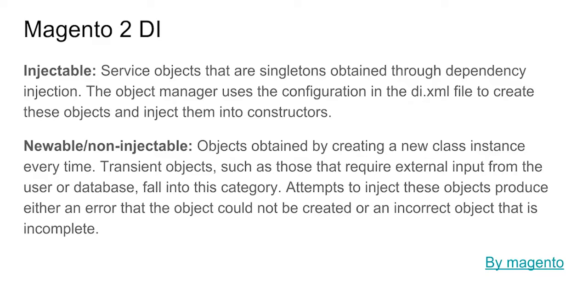For example, product or customer objects are non-injectable because to create a customer or a product object, we need to know in advance which concrete product we want to instantiate. We need to know its SKU or email or ID, some specific and unique property to create the concrete object.